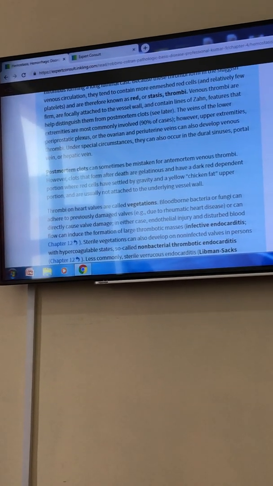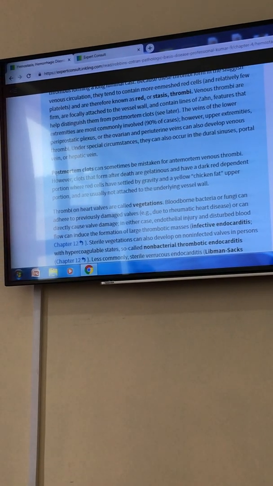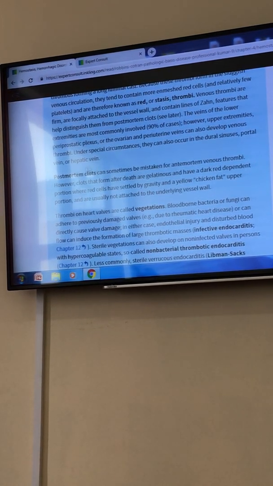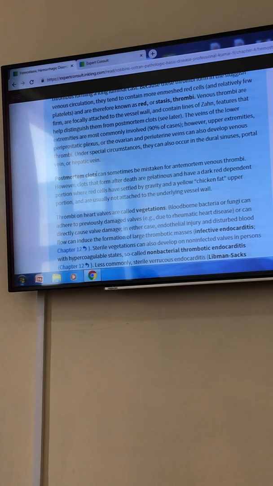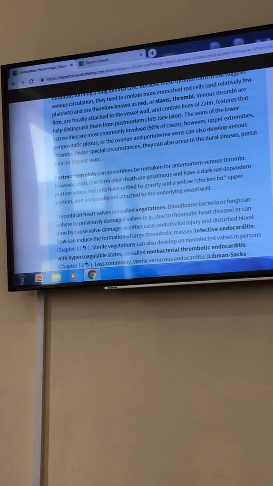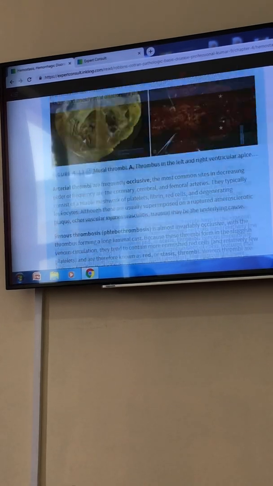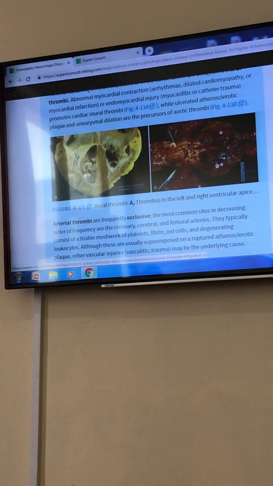So after dying, there are clots called post-mortem clots, but these are different from thrombosis. They are all reddish, covered by some chicken-fat type tissue. There are no darker and lighter areas.